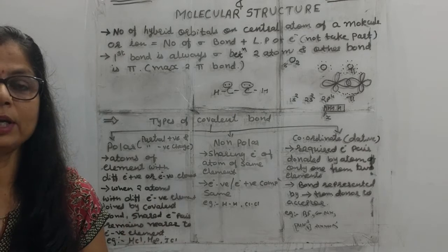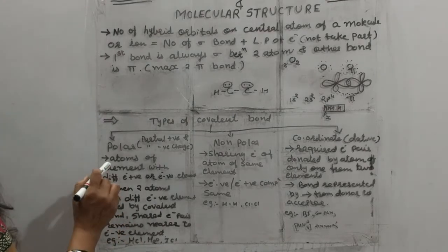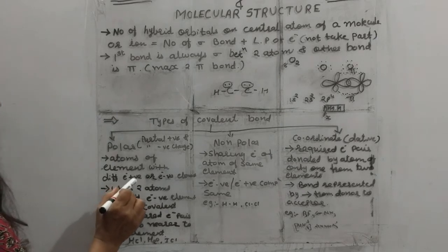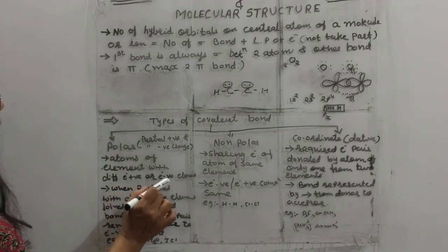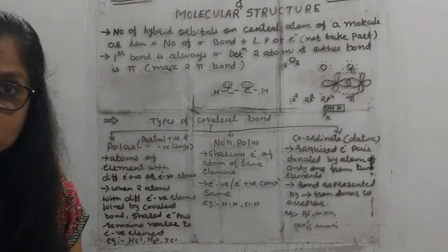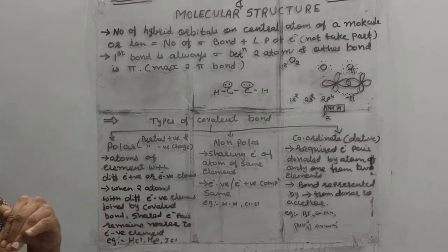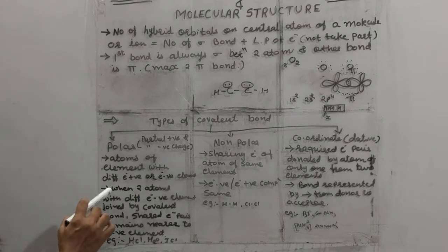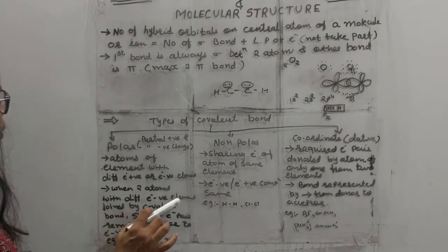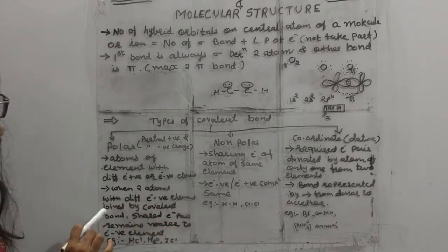But here the covalent bond, so these atoms of elements have different electropositivity or electronegativity. It may be electropositive also or it may be electronegative also. So when two atoms with different electronegative elements join by covalent bond, student, this word you have to keep in your mind.